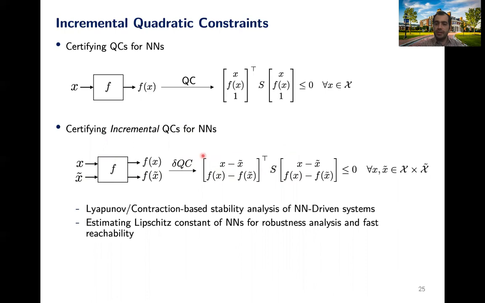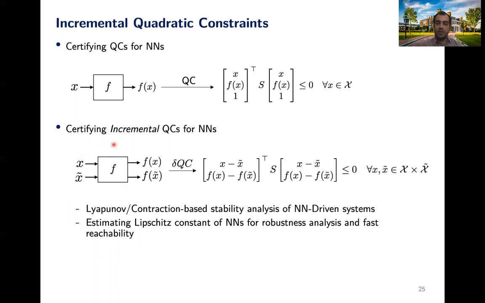So why is this even important? Because verifying incremental quadratic constraints of this form becomes relevant in Lyapunov or contraction-based stability analysis of neural network-driven systems, where one of these points is a reference point. For instance, it is an equilibrium point of the closed-loop system, or it's a reference trajectory for contraction-based stability analysis.